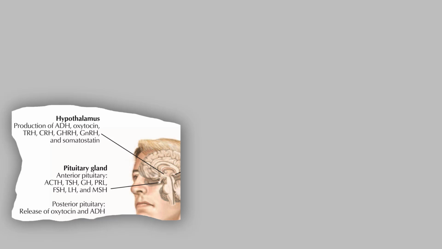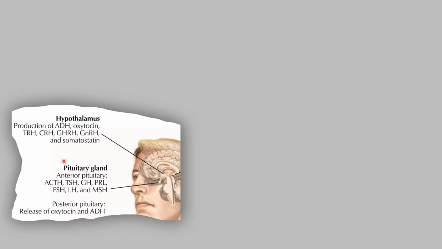In the previous slide, we understood how the posterior pituitary, which releases oxytocin and vasopressin, is in direct communication with the central nervous system. The anterior pituitary has several hormones to secrete. This part of the gland is not in direct communication with the central nervous system.